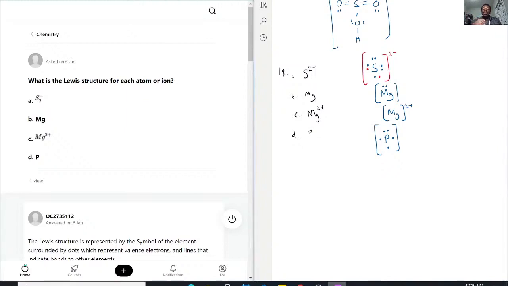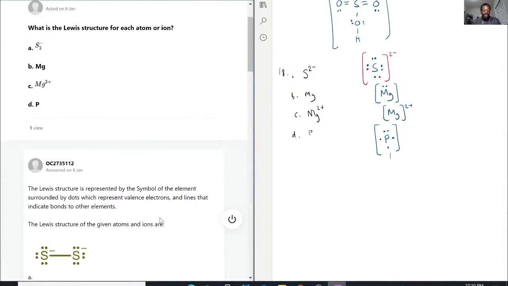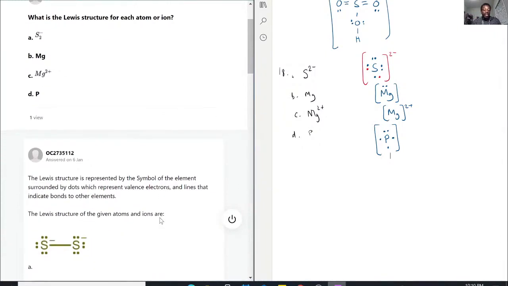So with that being said, let's see what our colleague has to say. There wasn't much we can do here. Hopefully they can shine some light. So this is what they have for the S2 minus. And that one is interesting because this, if anything, would be S2 minus.